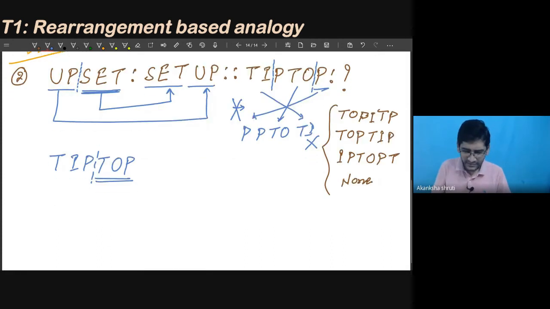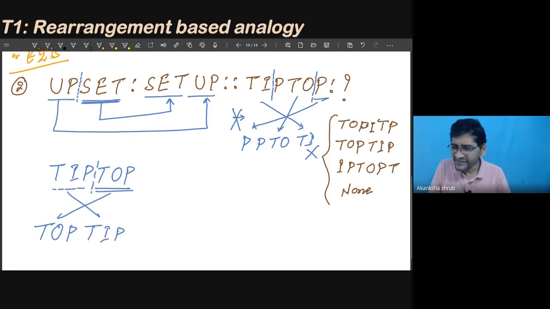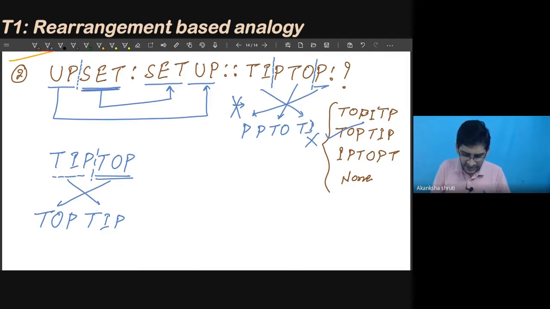So this end is being copied first, so write this TOP, and the other remaining from the beginning is being copied next, so TIP. Whether it is there? Yes, it is given in option. So this TOP, TIP is the correct one. So this is the correct approach.